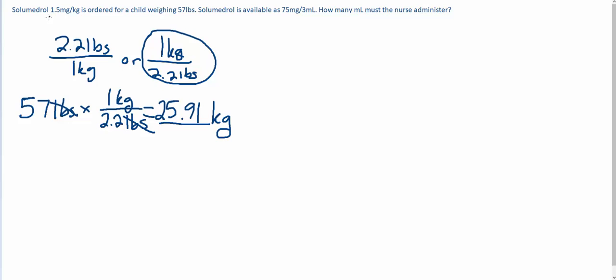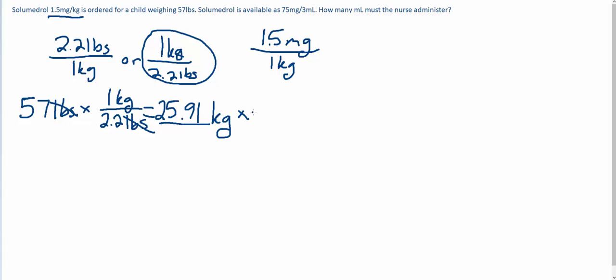Our next step is to look in this problem for where we see the unit kilograms. We'll see that up here in the dosage for the drug. It says that it's given as 1.5 milligrams per kilogram for this child. We can write that dosage as 1.5 milligrams over 1 kilogram, because that's indicating that we're giving 1.5 milligrams for every kilogram of body weight.